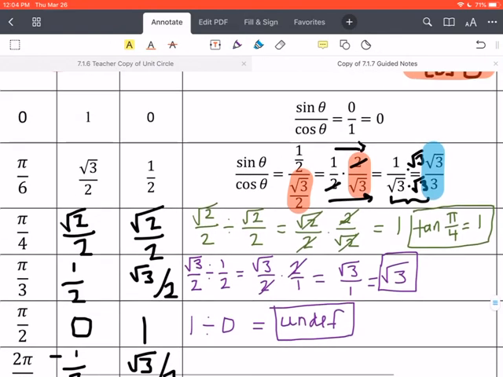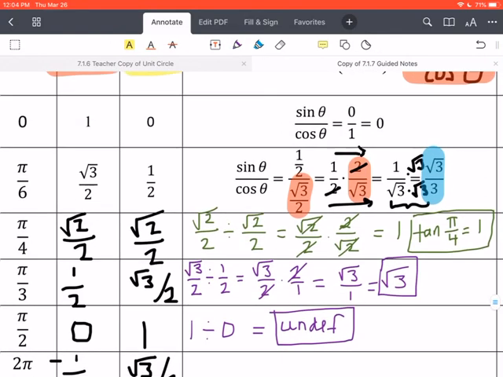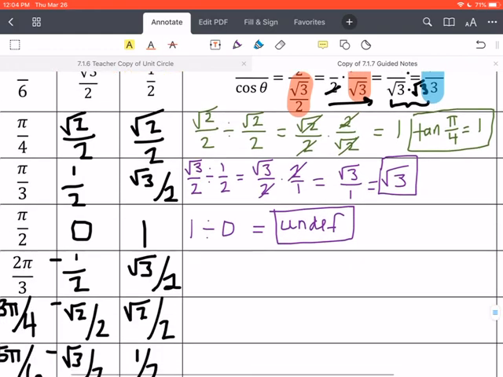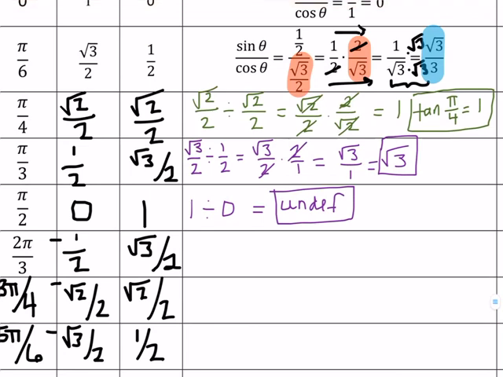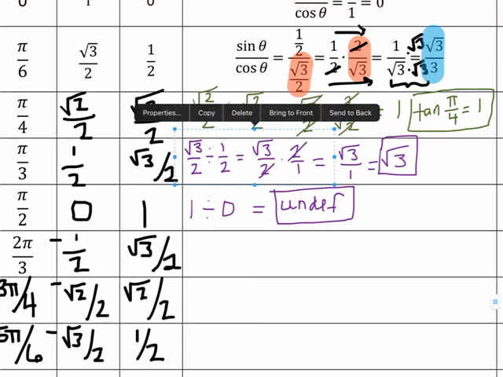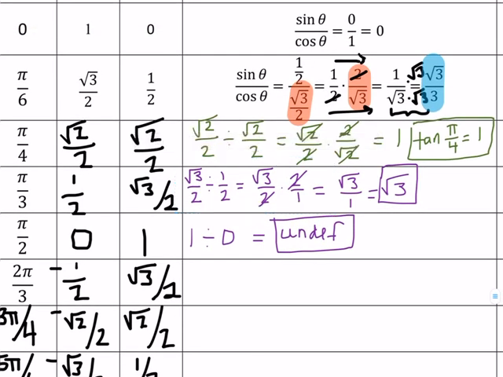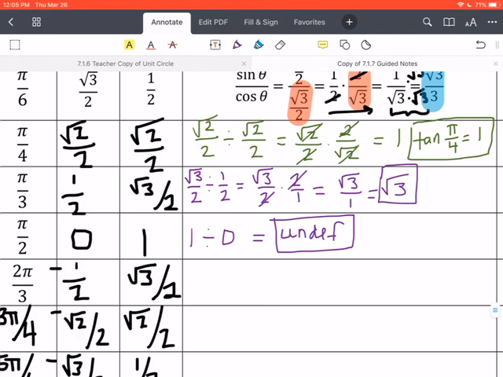The tangent of what angle is 0? The tangent of 0 degrees or radians is 0, but the tangent of pi over 2 is undefined. Okay? Again, you can pause me and just go through this. That is fine. Or you can stick with me if it helps you.